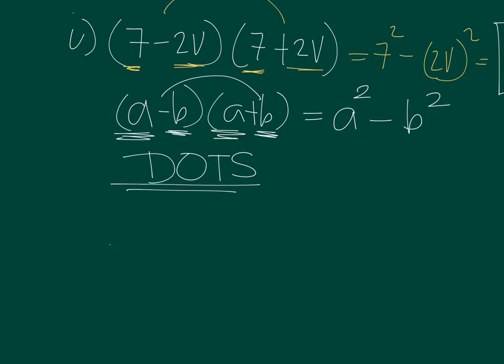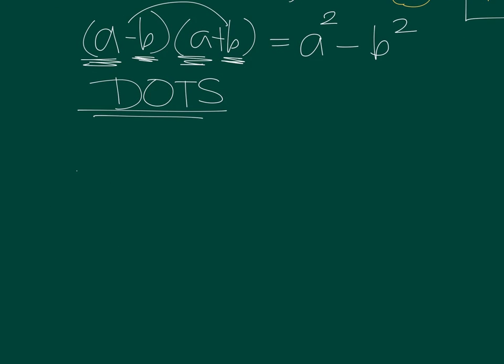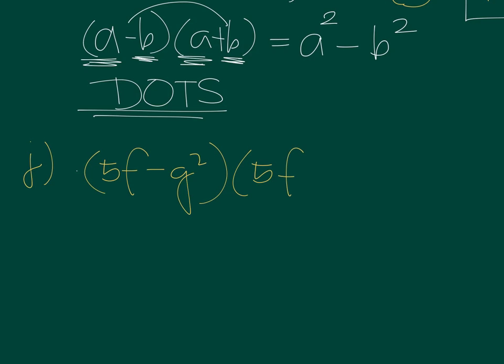Finally, we look at a little complex, but not too complex, letter J. In letter J, you have (5f - g squared) times (5f + g squared).